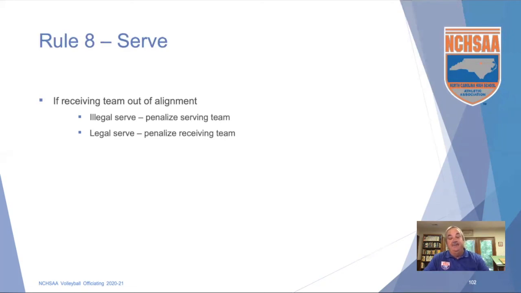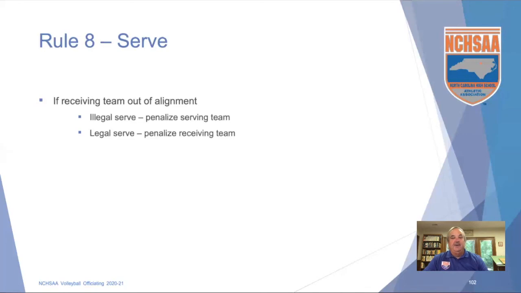So, receiving team is out of alignment and the serve is illegal, in other words, they used two hands to serve the ball, or they ended up requesting a reserve twice. In that case, we're going to penalize the serving team because a legal serve has not occurred. Remember, out of alignment would occur at the point of the legal serve.